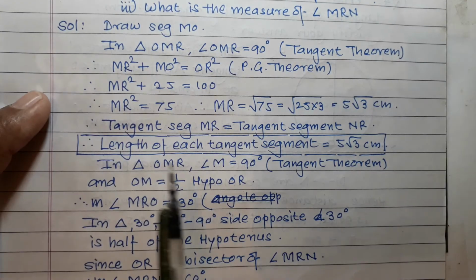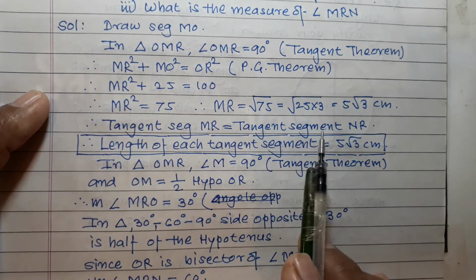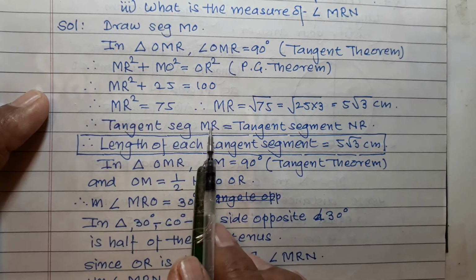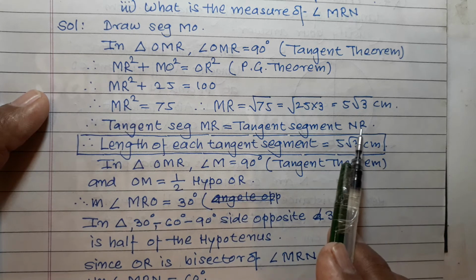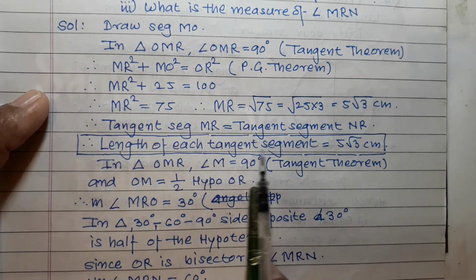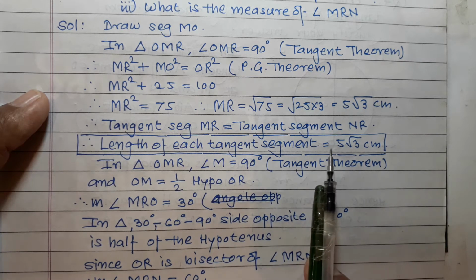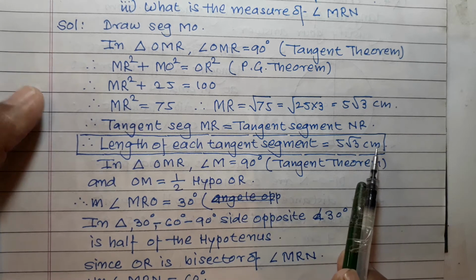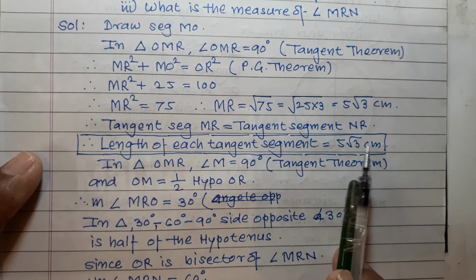And therefore tangent segment MR is equal to tangent segment NR, by theorem, and therefore length of each tangent segment is equal to 5 root 3 centimeter. So this is your first answer.